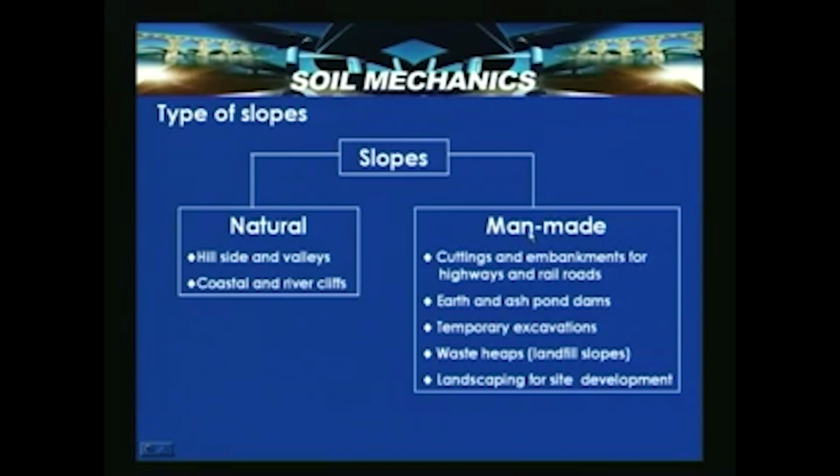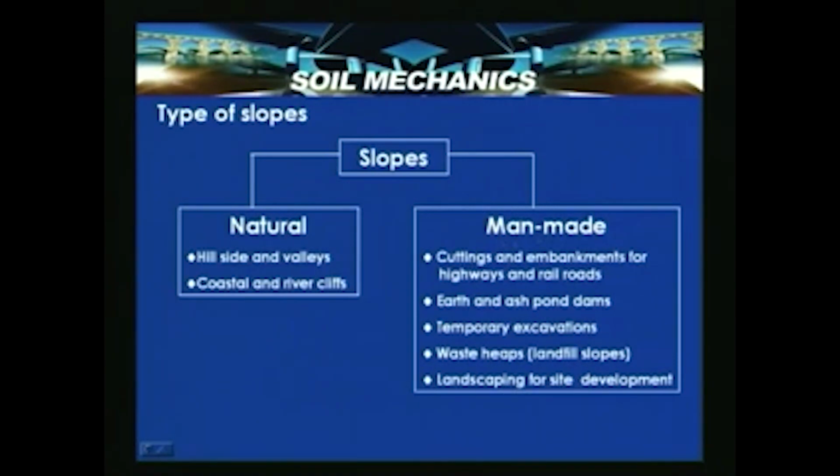Examples of man-made or artificial slopes are cuttings and embankments for highways and railroads, earth and ash pond dams where we store coal ash, and that is called ash pond dams, and temporary excavations, waste heaps or landfill slopes which are increasing in the modern world, and landscaping for the site development, that is for the development of the site, the landscaping can create artificial slopes.